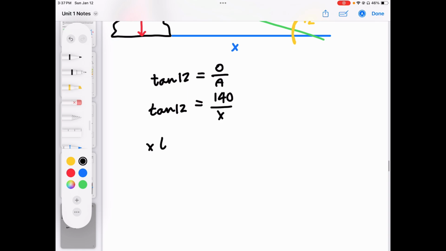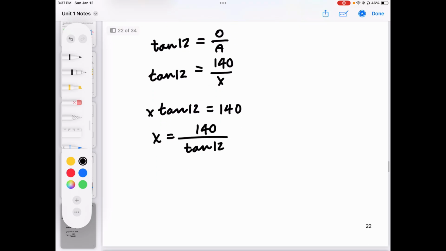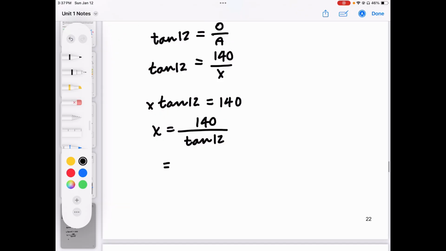I'll go ahead and bring that x over by multiplying, and then divide by tangent of 12. I'm going to throw that in the calculator and get 658.6 feet. And that should cover it for this section.